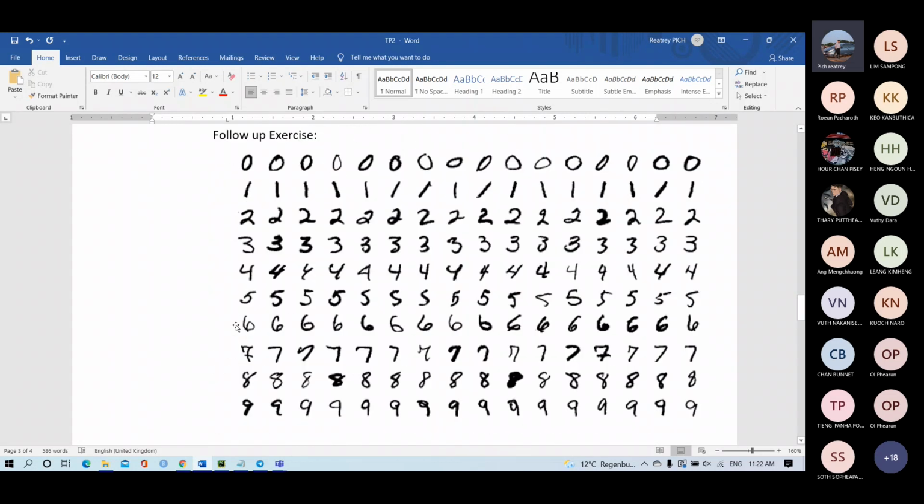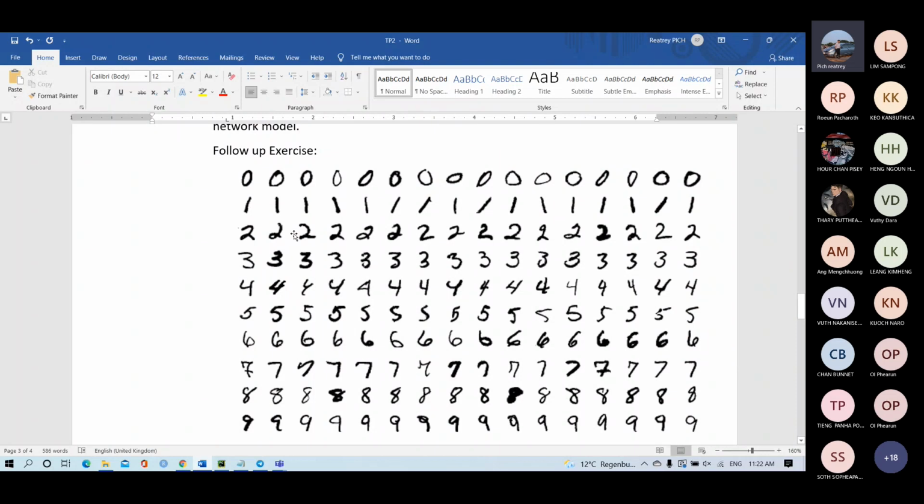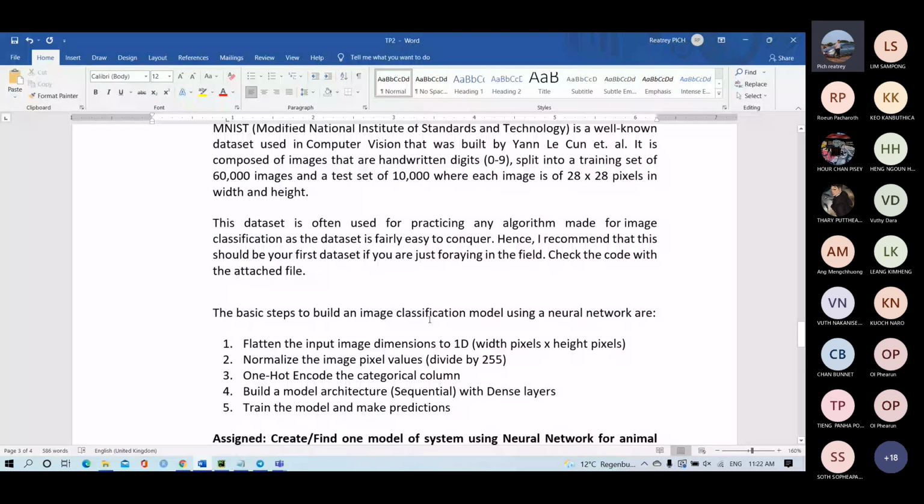So in this case, if you would like to normalize the data from a big height and width of pixels to 28 by 28, you can use the same technique from the first algorithm that I gave you, which is to convert the data to one-dimensional.